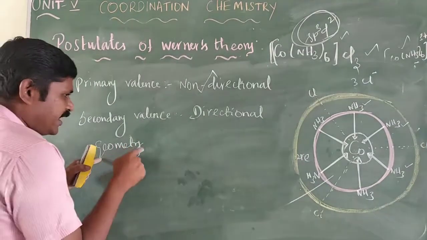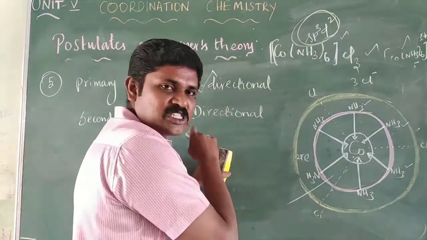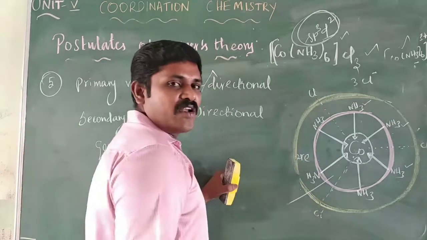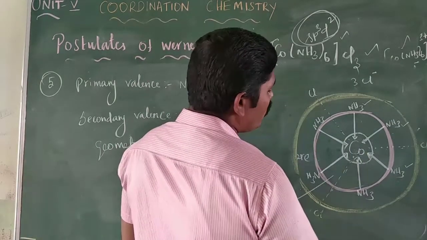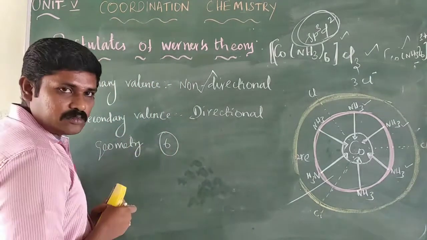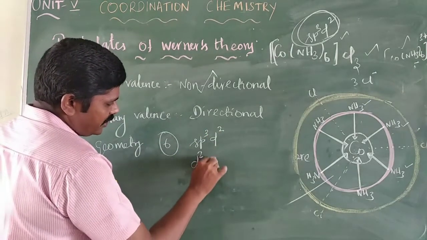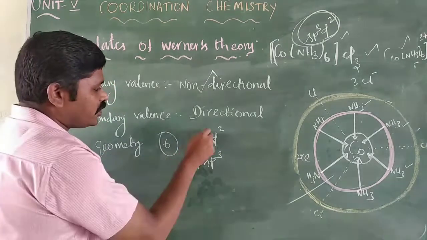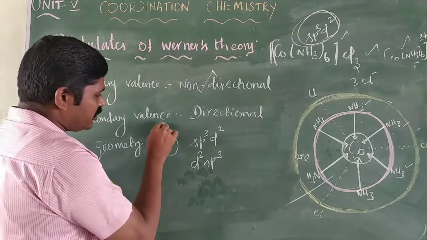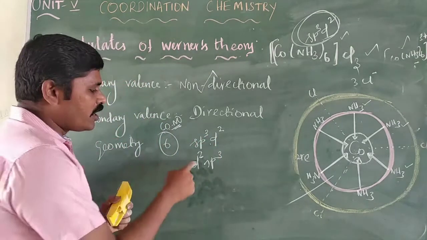For example, when the coordination number is 6, the hybridization is sp3d2 or d2sp3. 3 plus 1 is 4, plus 2 is 6; 2 plus 1 is 3, plus 3 is 6.